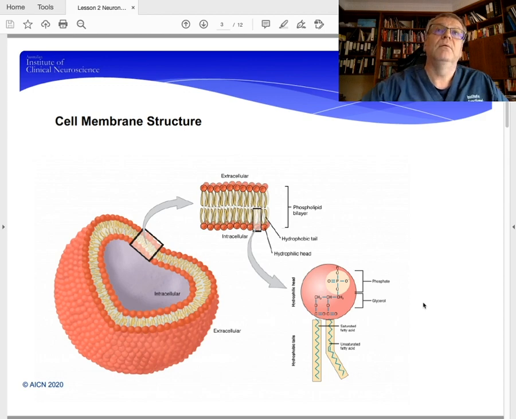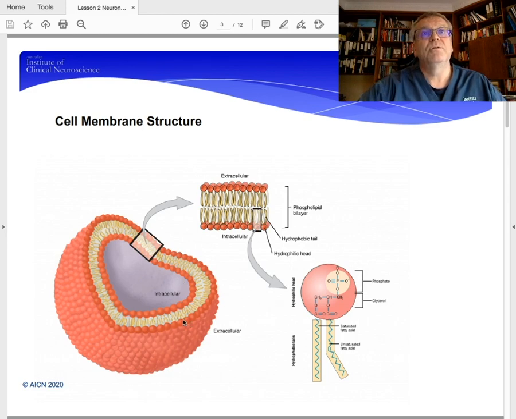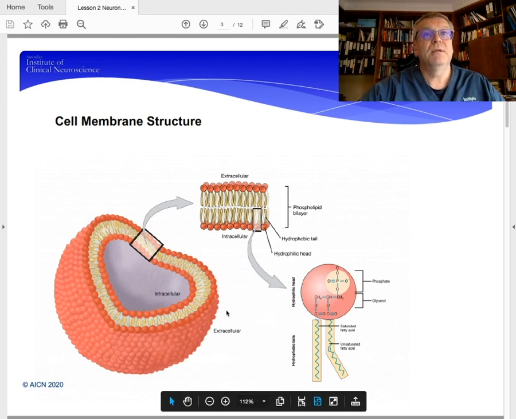Now, I want you to look at the big ball structure here, and I included this diagram because I think it's very interesting, because it shows in a three-dimensional sense how this membrane surrounds the stuff on the inside. So we have the intracellular area, which means inside the membrane, and then we have the extracellular area, which means outside the membrane.